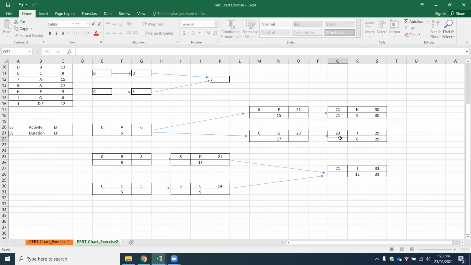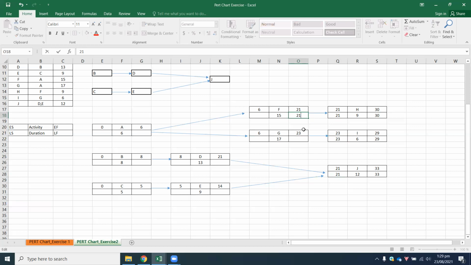For activities H, I, and J, he has picked up the early finish time and stated it as late finish, and now he is subtracting the duration from the late finish to get the late start value. So 30 minus 9 gives a value of 21 for activity H.